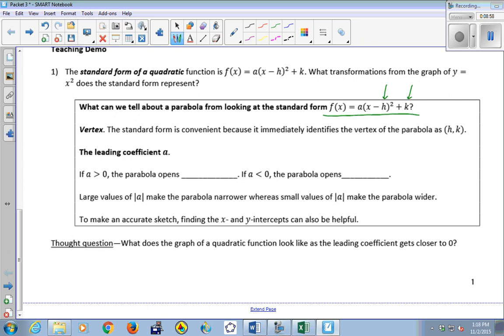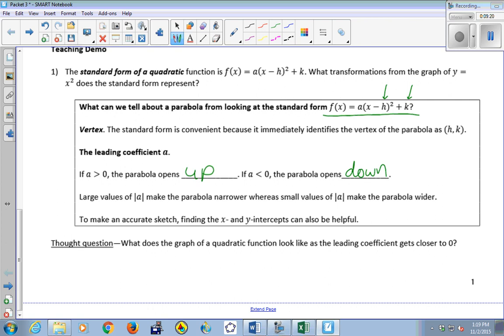Because if you multiply all the y values by a positive number, all the y values will get bigger, and so it will open up. But if you multiply all the y values by a negative number, it's going to take regular old x squared and flip it over the x-axis, so it will open down.